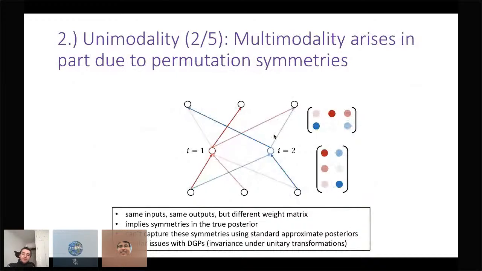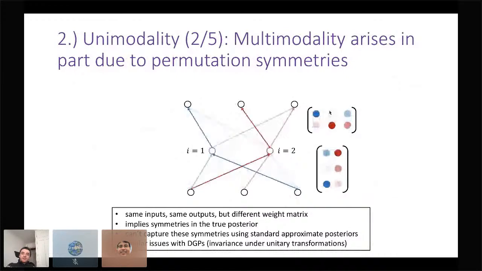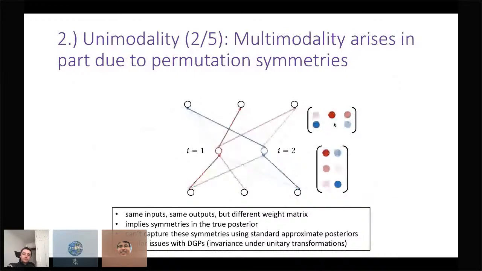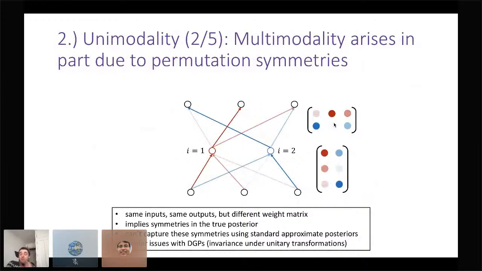Now you can see that the weight matrices, when I do this, change. But the input-output mapping of the network stays exactly the same. Basically because these downstream units are just summing those inputs, and we have essentially the same units there, it's just they're in different locations. And so that means we have the same input-output mapping, but different values of the weights. And that's what constitutes these permutation symmetries.